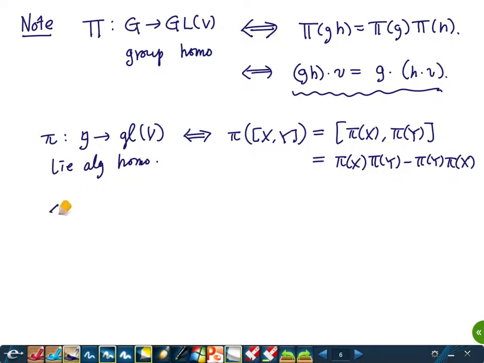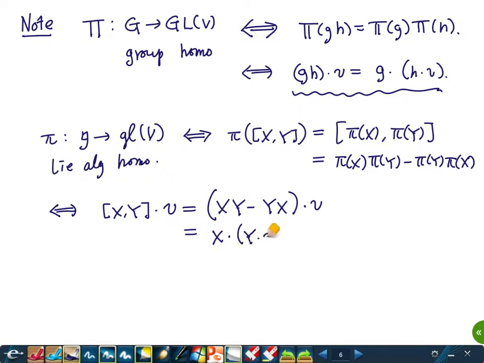Can we write this as an action? x comma y, if this acts on v, must be equal to this acting on v. Let's write it this way: pi of x,y acting on v. What this really means is x dot y dot v minus y dot x dot v.